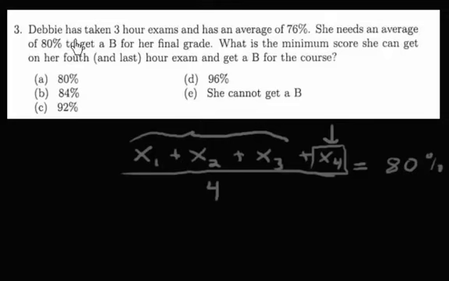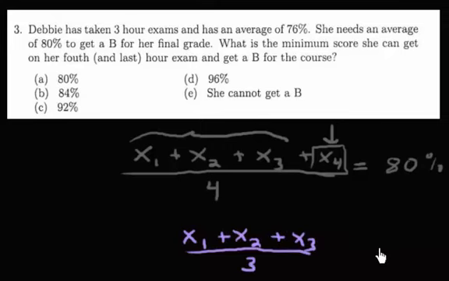The first sentence tells us that with 3 1-hour exams, she has an average of 76%. Well, let's write out what that means. That means x1 plus x2 plus x3 divided by 3 is going to equal 76%.